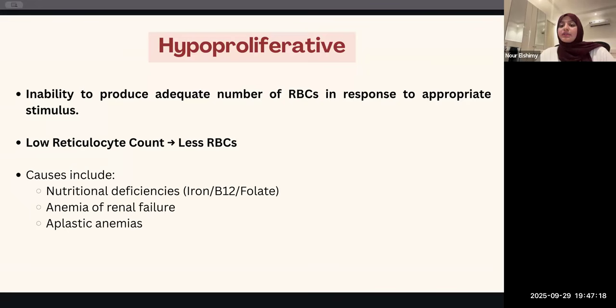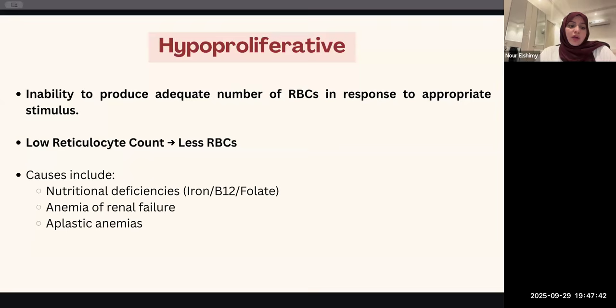But if I ask you to classify it in terms of morphology, it's going to be microcytic hypochromic. It depends on which mechanism I want you to classify it with. If it's underlying mechanism, it's hyperproliferative. If we're talking about morphology, microcytic, hypochromic. Overall, iron deficiency is hypochromic, microcytic, and hypoproliferative.